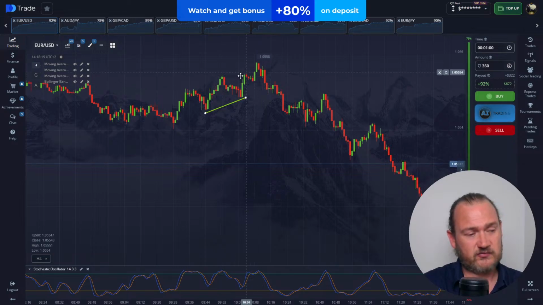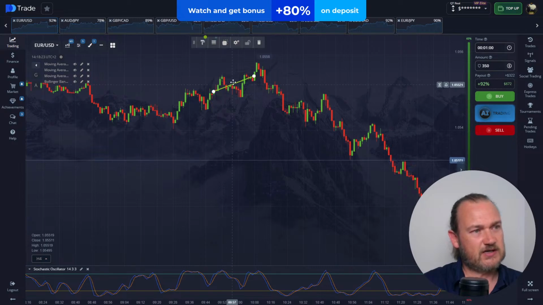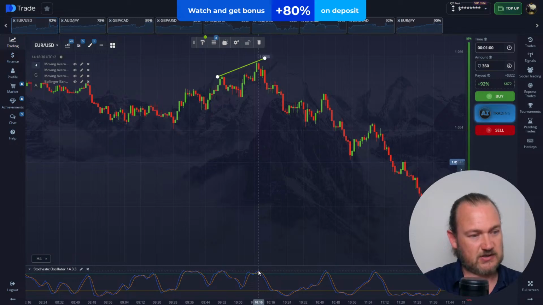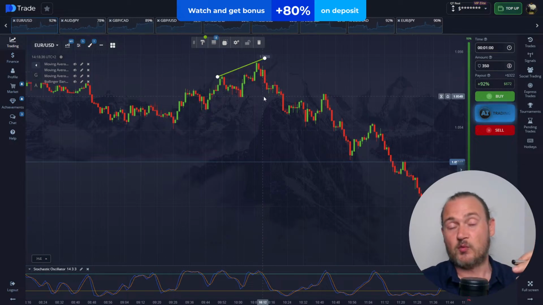Immediately afterwards we had some normal bearish divergence, where we can see that price made a new high here, but my oscillator did not quite make a new high compared to the previous high the oscillator made. So that was normal bearish divergence.